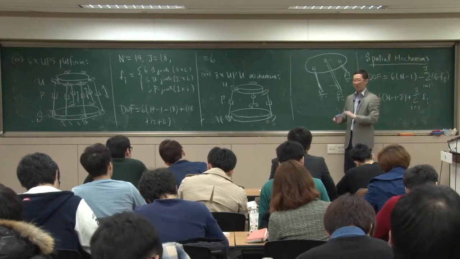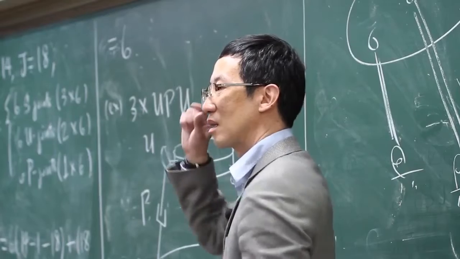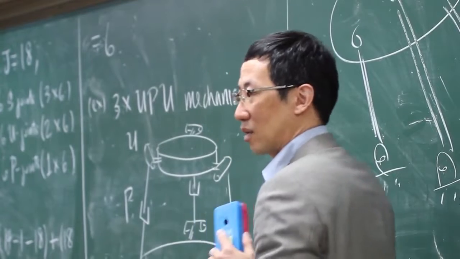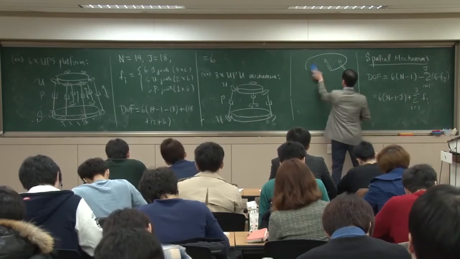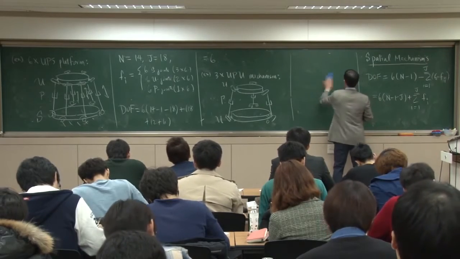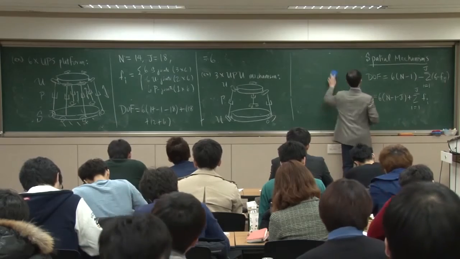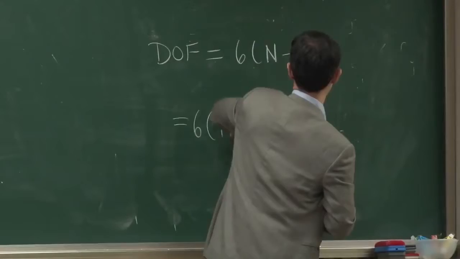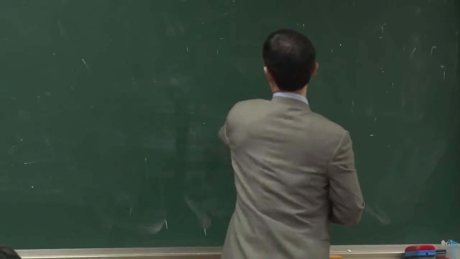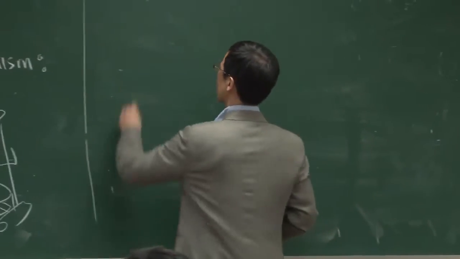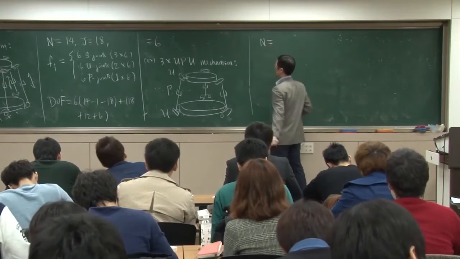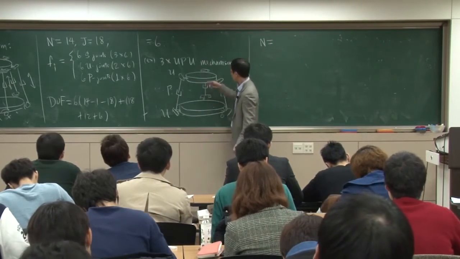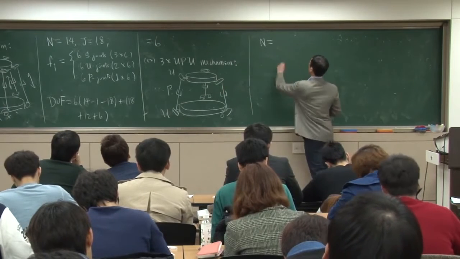So everybody, start calculating the number of joints and links, and let's see if you get the same answer as I do. All right, number of links: 1, 2, 3, 4, 5, 6, 7, 8.